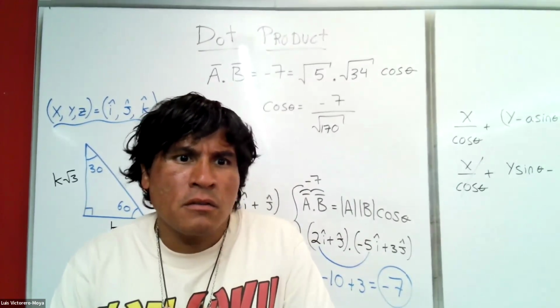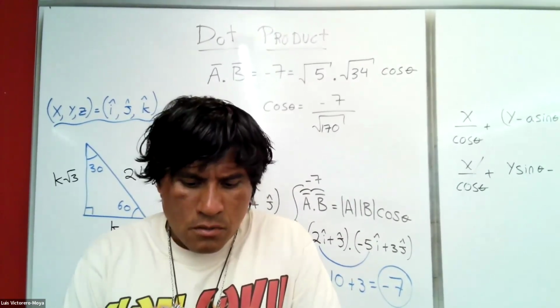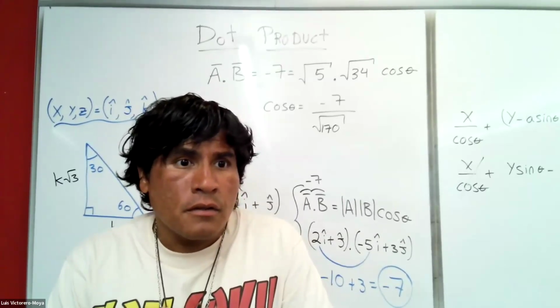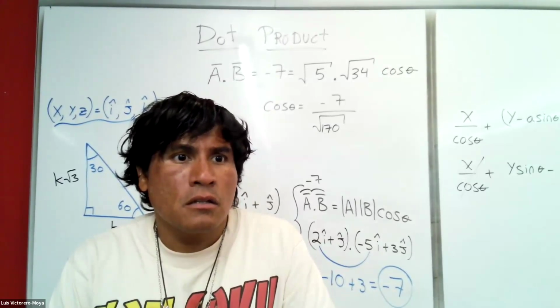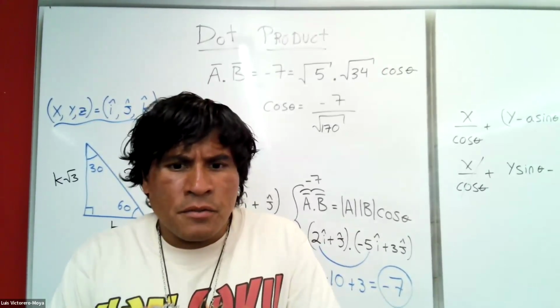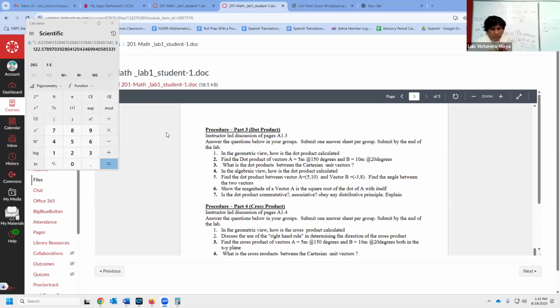Square root of 170, negative 7. Okay, it's good. Trigonometric, second, inverse cosine. Okay, so I'll share my screen so you can see what I got. Like 122.6 degrees. So the angle theta is about 122.6. Okay, so what does this mean?